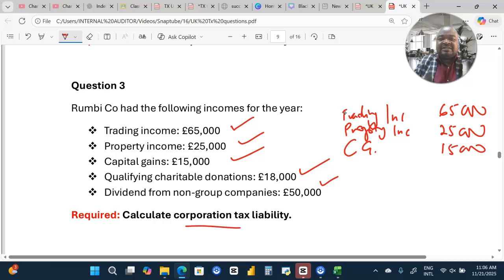And then they give us the taxable income less QCDs. So QCDs, that's 18,000.